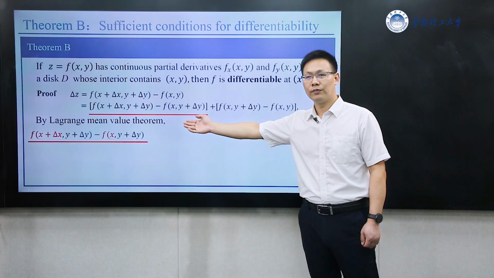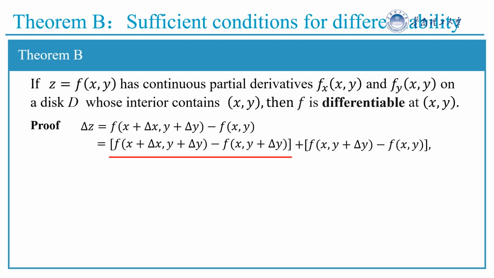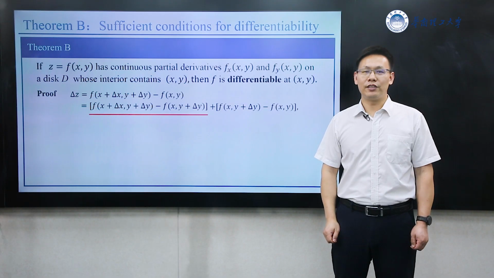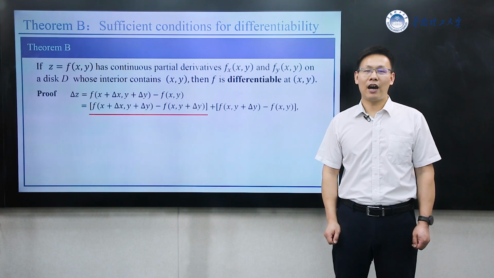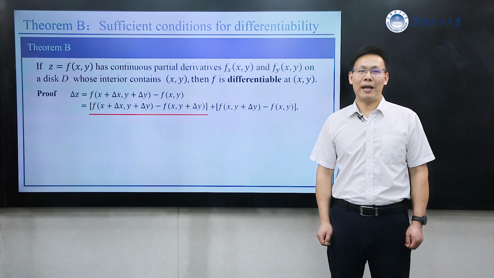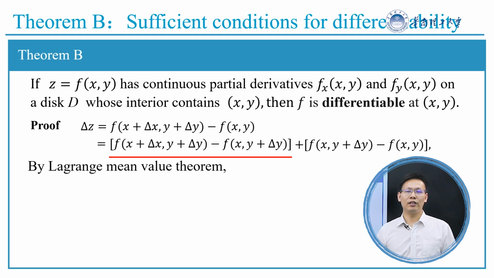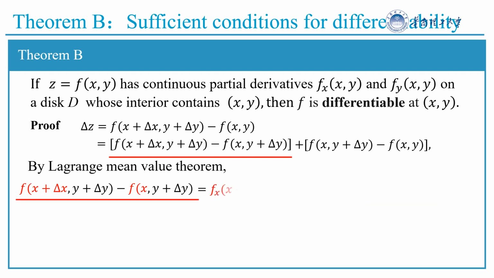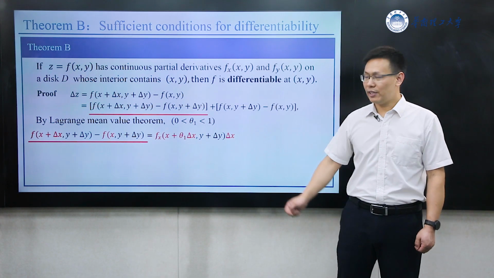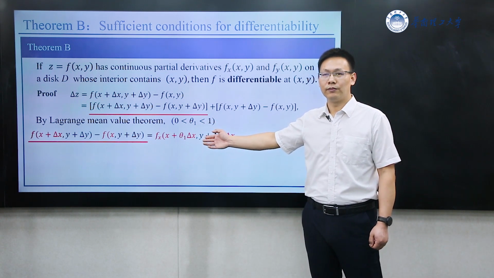For the first term, when y + Δy is fixed, this difference is the partial increment with respect to x, and f(x, y+Δy) is regarded as a one variable function of x. Since the partial derivative of f with respect to x exists, according to the Lagrange mean value theorem for derivatives, we conclude that there exists a θ1 such that this equation holds.